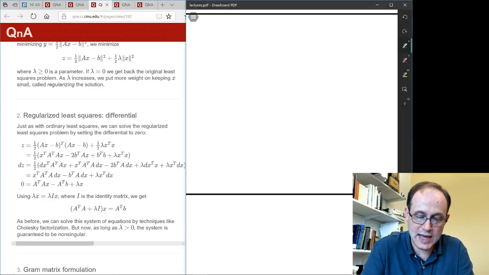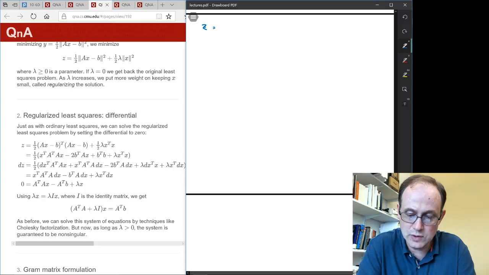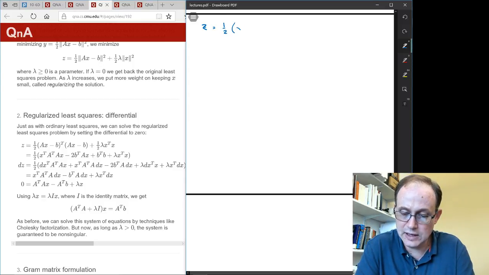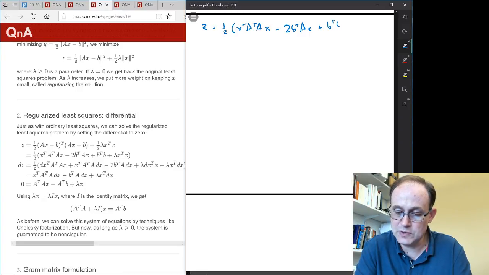All right, so we'll start from there, that z is equal to 1/2 X transpose A transpose A X minus 2B transpose AX plus B transpose B, and then plus lambda times X transpose X, right?